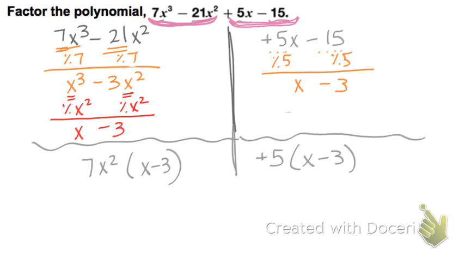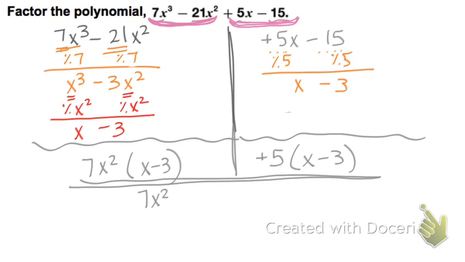So you group the two sides, and then you factor out the greatest common factor of each, and then you look at what you have left. So I'm just going to write it down in one big long statement. So we have 7x squared times x minus 3, plus 5 times x minus 3. So the last step is to look at the terms you have left.